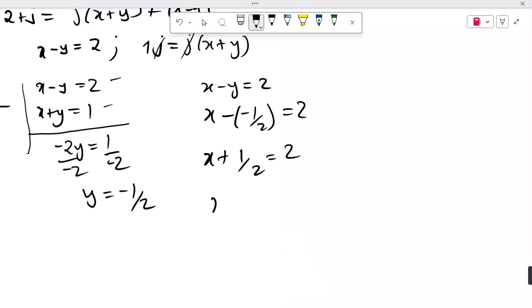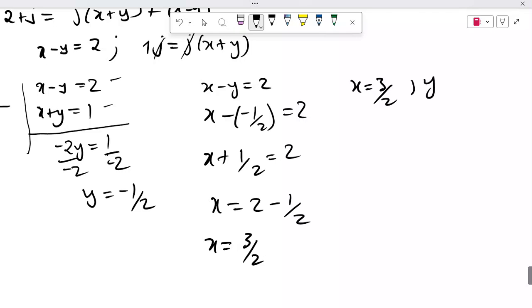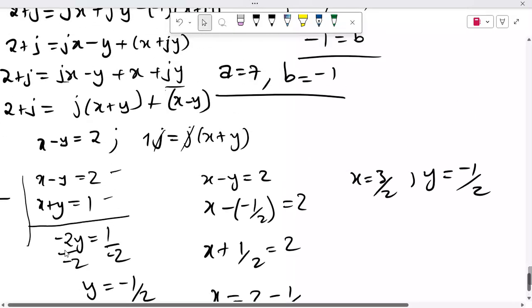This goes to the other side, so x equals 2 minus half, which is 3 over 2. So we've calculated x equals 3 over 2 and y equals negative half. You can put these values back there to check that the answers are correct.